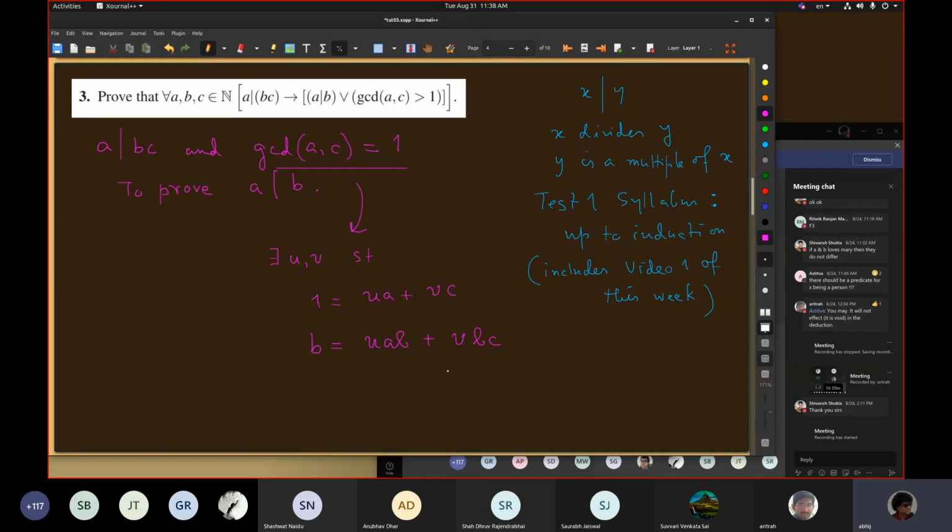Now I see that the right side is a multiple of A. Moreover, BC is a multiple of A. So this is a multiple of A plus another multiple of A. So the total thing is a multiple of A, and that is what we wanted to prove. B is a multiple of A.